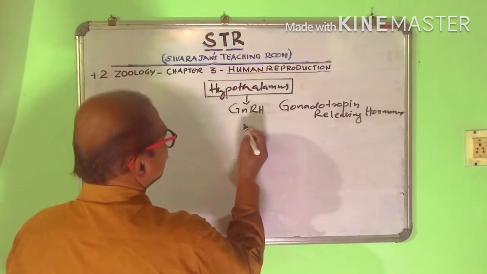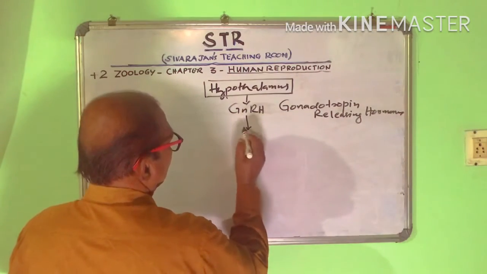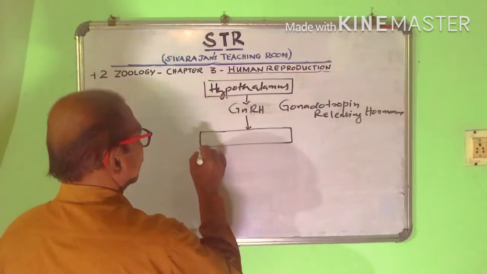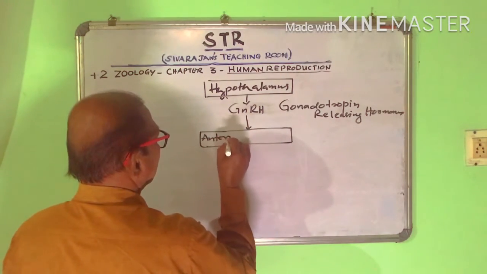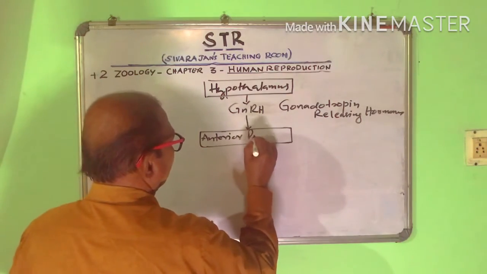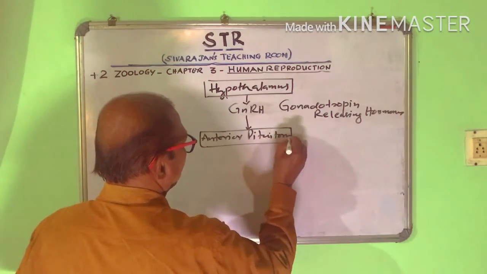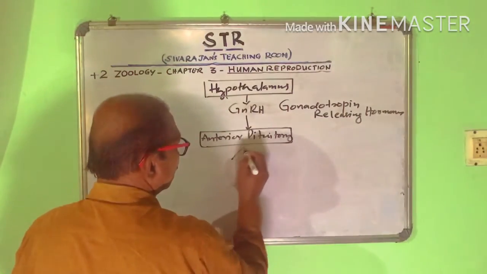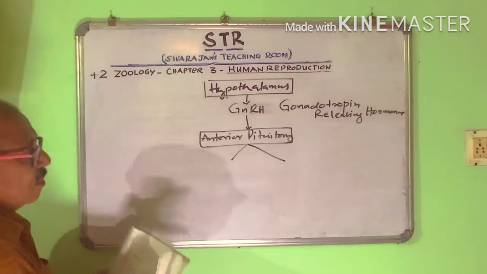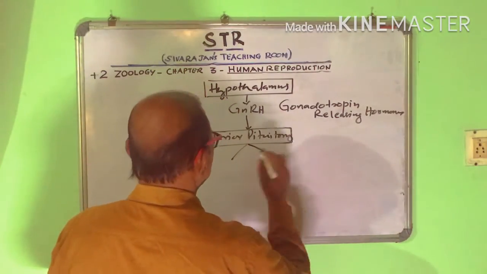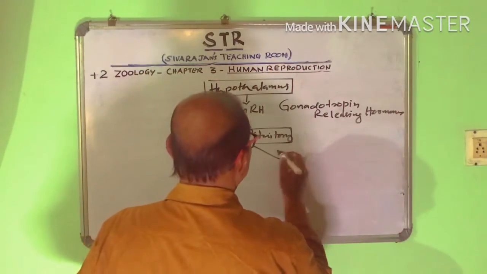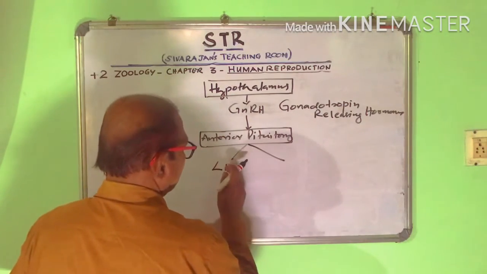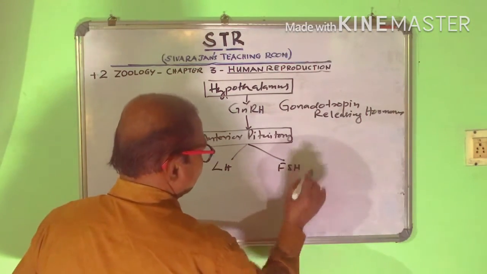GnRH comes to the anterior pituitary. That also is an endocrine gland in the brain, and the anterior pituitary produces two hormones, that is, gonadotropins. What are they? LH and FSH.